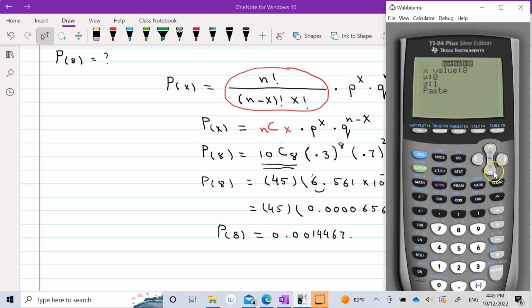Oh, I'm in normal distribution. Oh, binomial. Sorry, let me go out from here. We have to go to binomial, not normal. Here, binomial PDF. Maybe my cursor moved. Again, normal, I think my calculator is not clear. Why can I not clear?